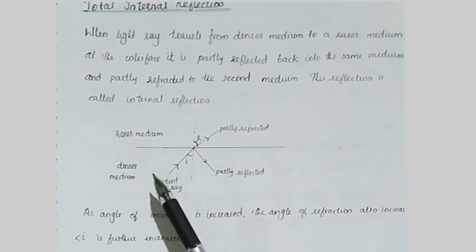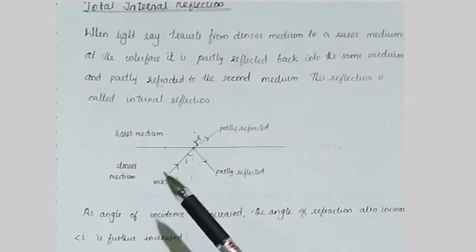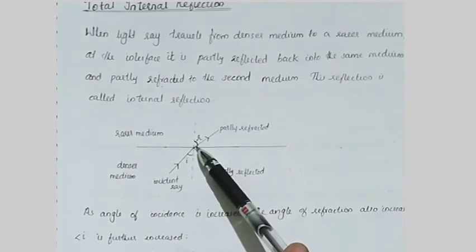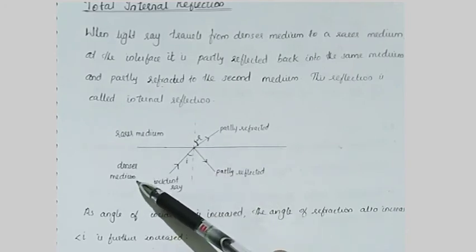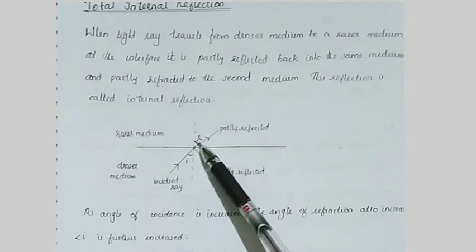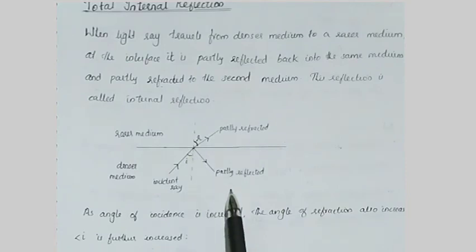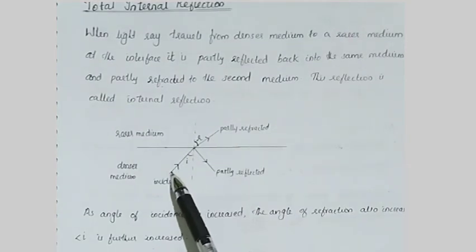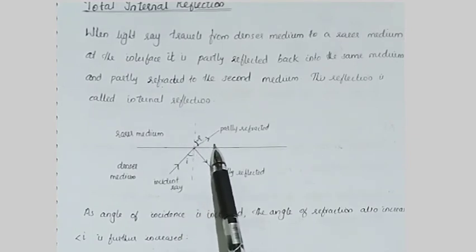When the incident ray travels from a denser medium to a rarer medium, it is partly refracted into the other medium, and since it is traveling from denser to rarer medium, the refracted ray moves away from the normal, while the other part of the incident ray is reflected back into the same medium. We know that as the angle of incidence is increased, the angle of refraction also increases.